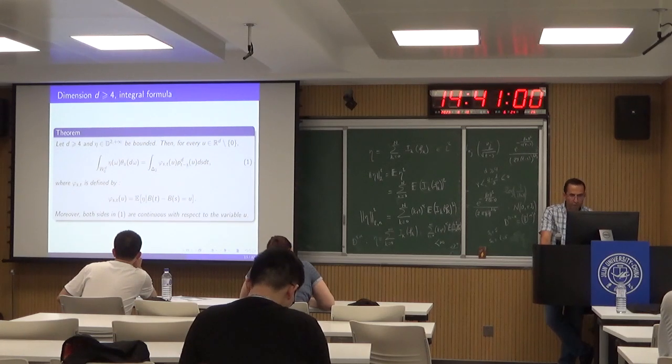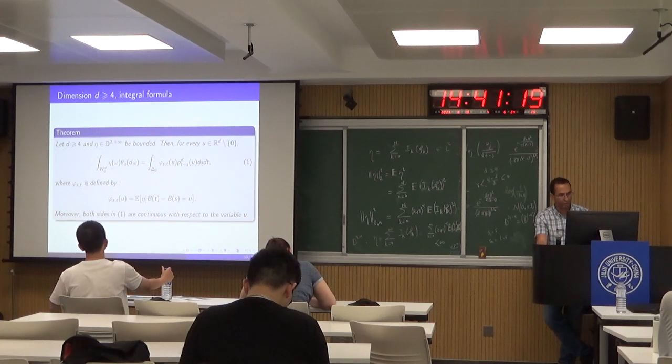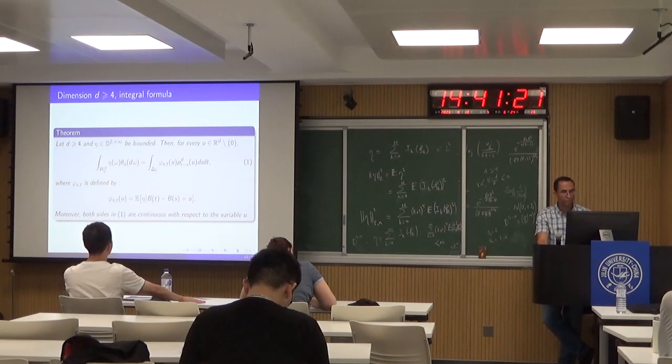And here we have p_{t-s}, and we have some new function phi_{st}(u). How is this function defined? This is simply the conditional expectation of this eta with respect to B_t minus B_s equal to.